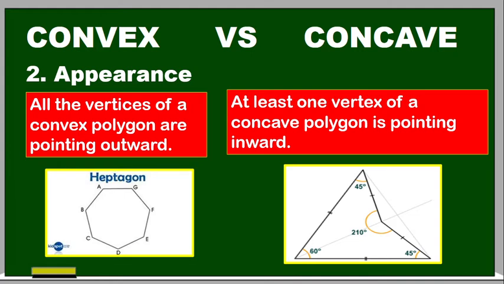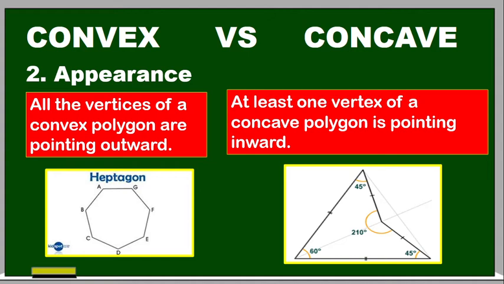Okay, our previous example. In 45 degrees, we have pointing outward. 60 degrees, pointing outward. 45 degrees, pointing outward. But in 210 degrees, it is pointing inward. So 3 vertices are pointing outward, but 1 vertex is pointing inward. That makes a concave polygon.